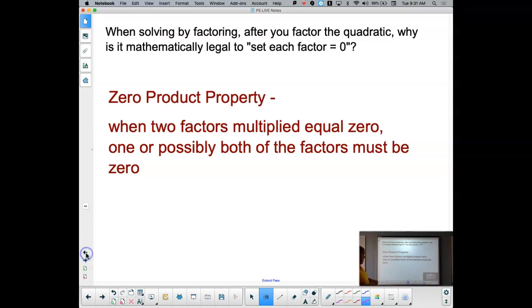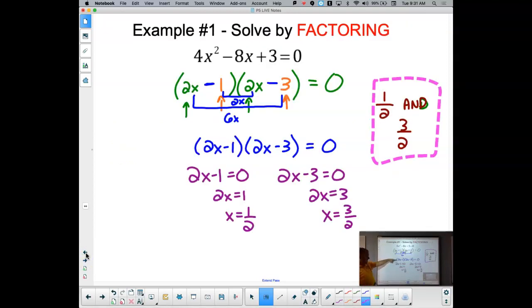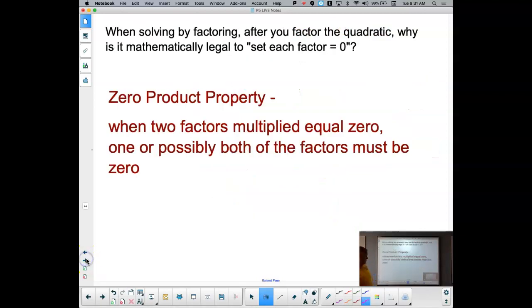So back here in this blue step, we said, oh, we can go from blue to purple because of the zero product property. That's what that's saying. We're going to set things equal to 0 because when they multiply together to be 0, one of them or both of them have to be 0.